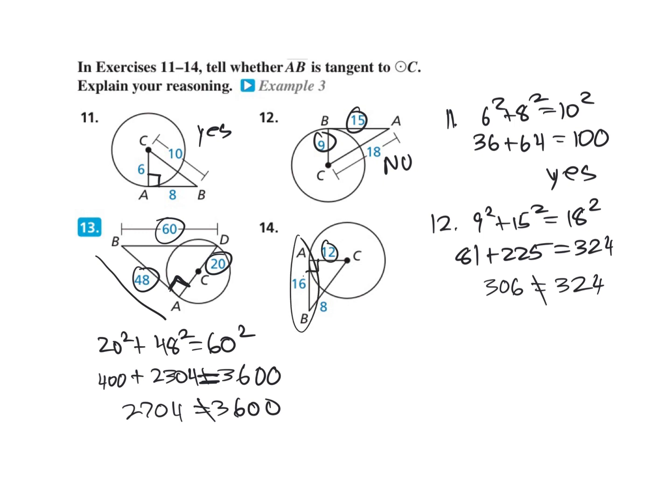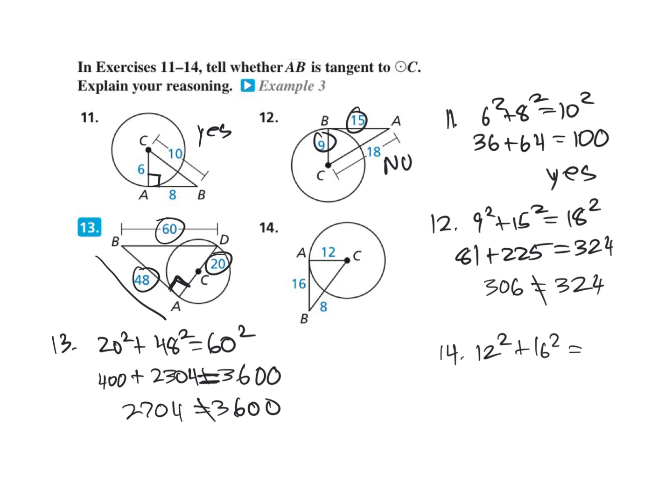So here's the one we think is tangent. These two are the legs. So number 14, that was number 13. 12 squared plus 16 squared equals, now watch it, don't say 8 squared. 8 is this distance. This is your radius, which is 12. Isn't this your radius on top there? Let me erase this and show it to you again.